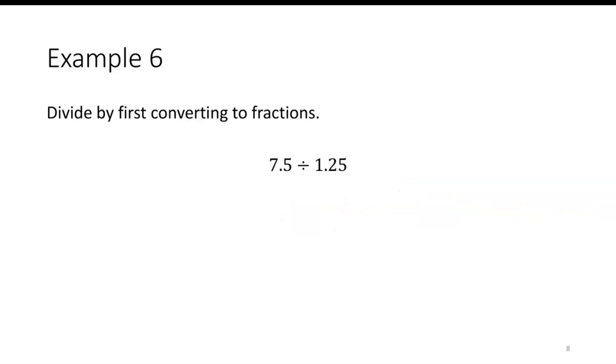Try another one. 7 5/10 divided by 1 25/100. That would be 75/10 divided by 125/100. So that becomes 75/10 times 100/125. And let's see. 10 goes in 100 10 times.